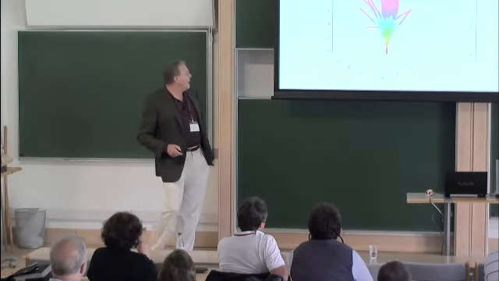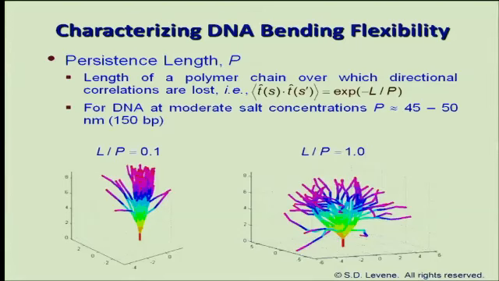So with that in mind, let me talk a little bit about the energetics of DNA bending. We tend to think about DNA bending as something that occurs on the scale of DNA lengths larger than a persistence length. And by the way, let me emphasize that in this talk, I'm going to be focusing on DNA molecules in the size range of roughly 100 to a few thousand, maybe up to 6,000 base pairs.